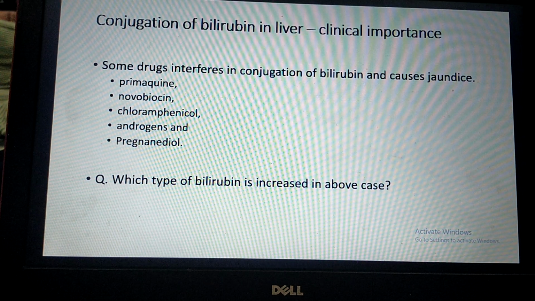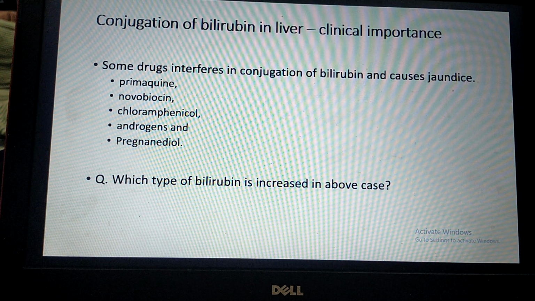Therefore, intake of these drugs leads to an increase in the concentration of unconjugated bilirubin in the body. So the question is also given here, which type of bilirubin is increased? In the above case, the unconjugated bilirubin level is increased because the conjugation process is hampered.